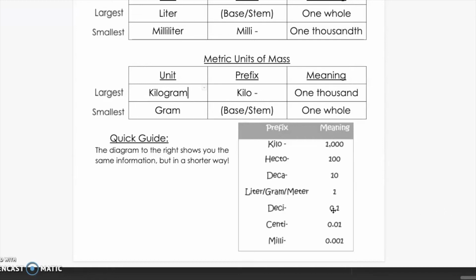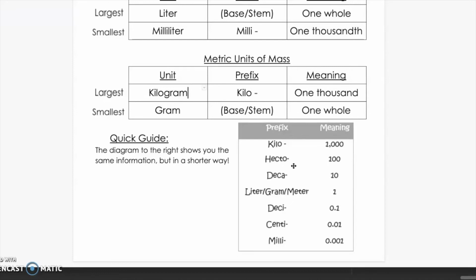So that's tenth, hundredth, and thousandth with that TH on the end. So let's use meters as an example. Looking at the very top, if we say kilometer, that means there's 1,000 meters because kilo means 1,000 and then meter is the measurement.